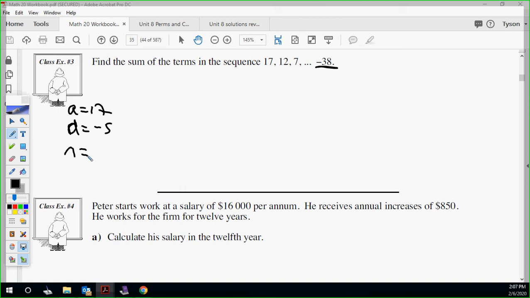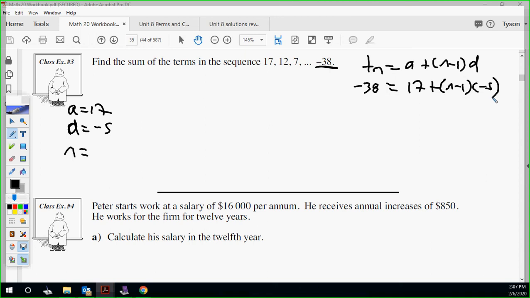We have everything except n. We know what T sub n is though: T sub n is negative 38. So negative 38 equals 17 plus, we don't know n, and d is negative 5. Now we're just solving for n.